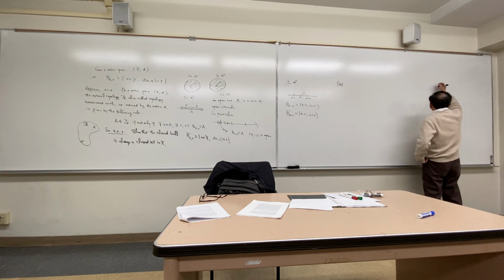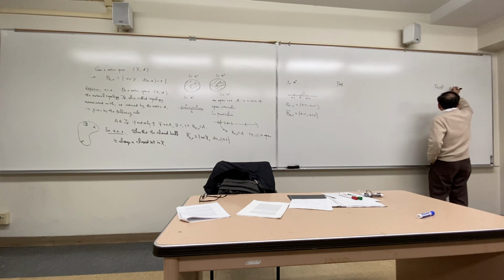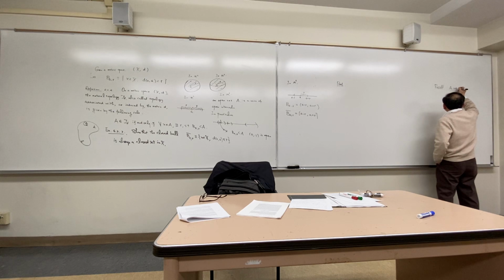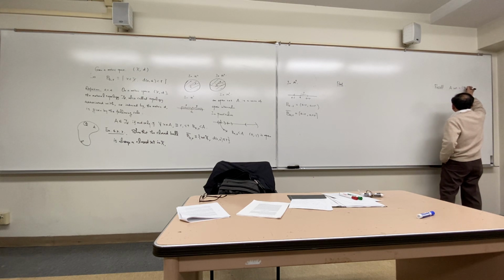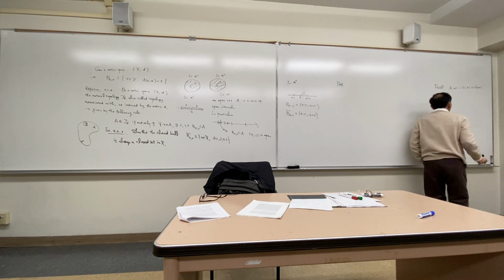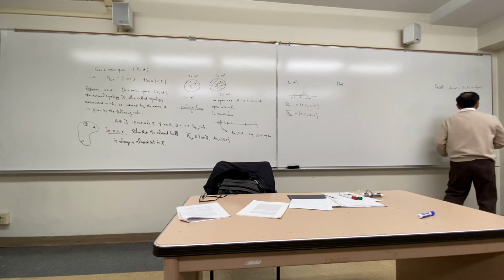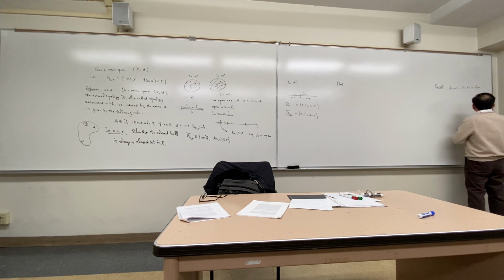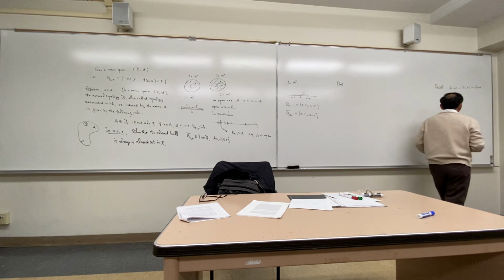A set in the metric space (X, d) is closed in the usual sense: you take every convergent sequence, and the limit point must be in the set.